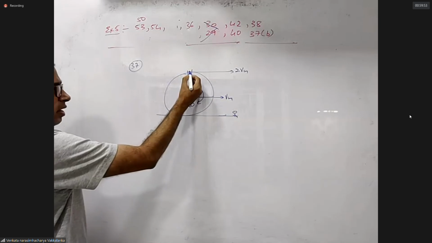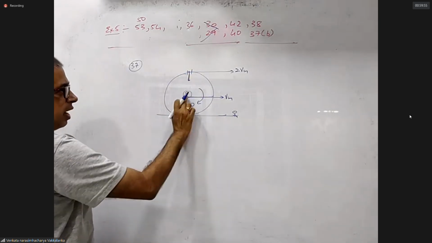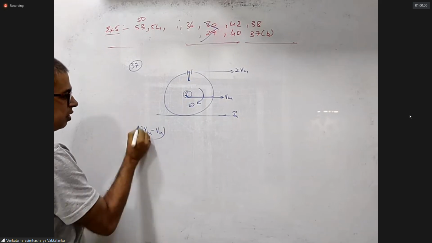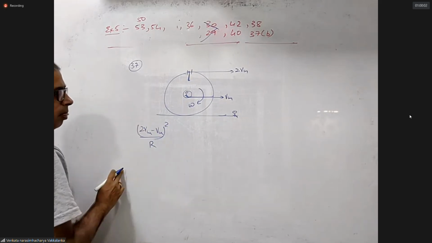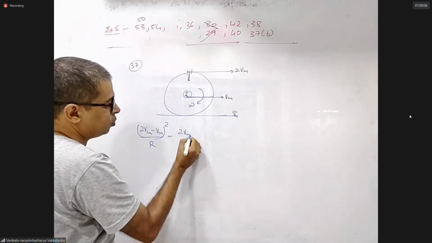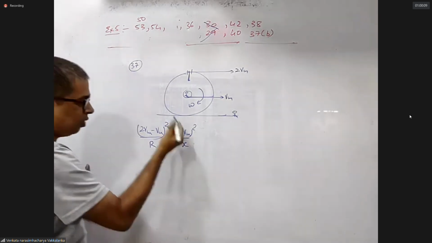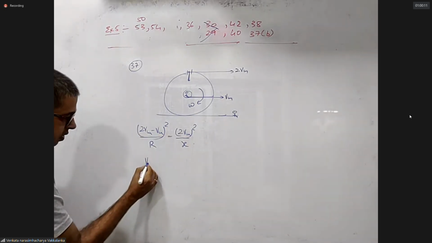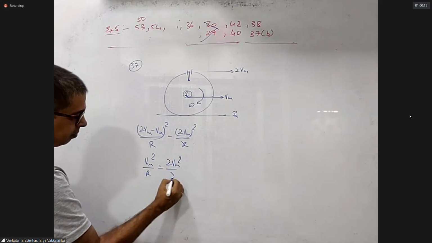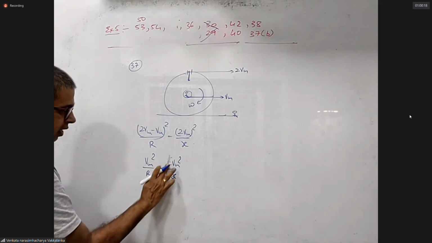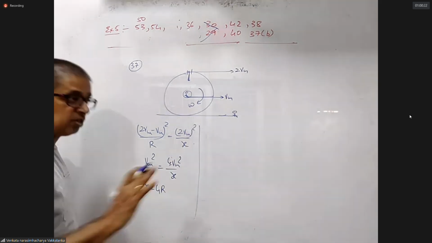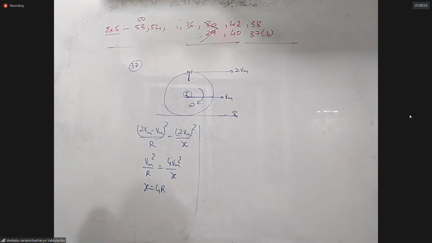So what we did here is acceleration of this as seen by this observer is 2 VCM minus VCM whole square by R. Acceleration of this as seen by this observer is 2 VCM whole square by X. You calculated X. This is VCM square by R is equal to 2 VCM square by X. 2 square rather 4. So X is equal to 4R. This was the first bit which I did. I didn't deal with the second bit here.